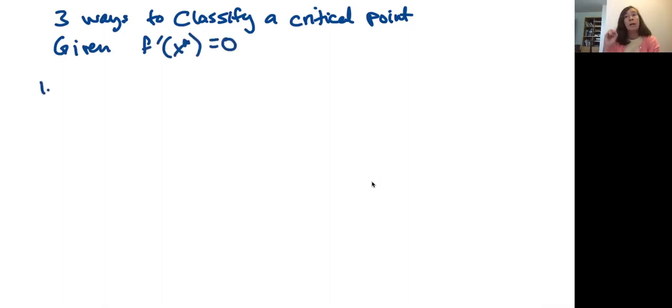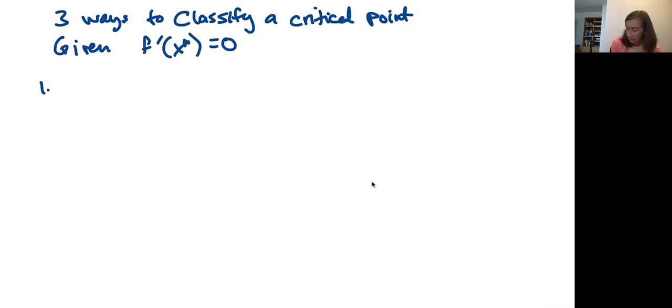So one way we can tell whether we're at the top of a hill or the bottom of a canyon is we can just look to see if that first derivative that is equal to 0 is in fact changing from being positive to negative. That's what happens at the top of a hill. Or is it changing from being negative to positive, which is what happens at the bottom of a canyon?